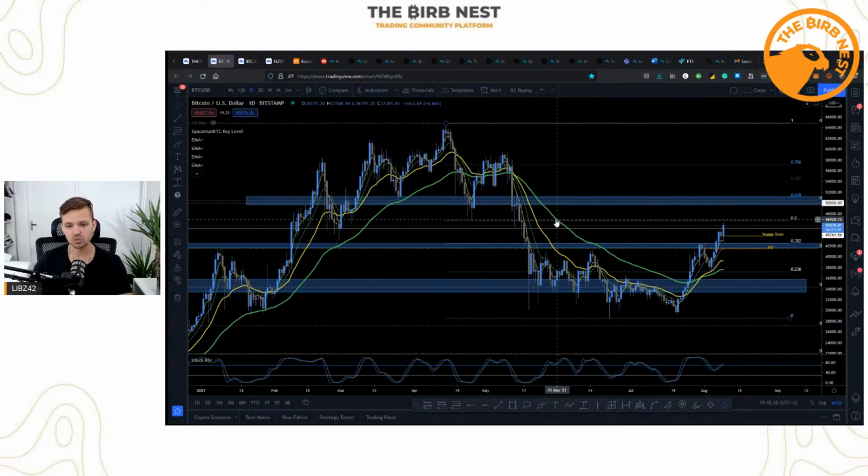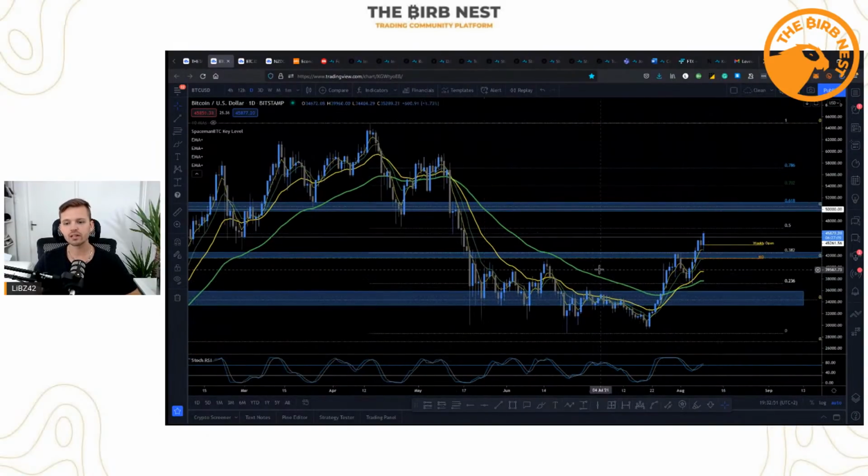So you have the daily 20 and 50 EMA, as well as the 4-hour 20 and 50 EMA, and those are the EMAs that I use in my trading system. I've tried to keep it as minimalized as possible and remove all the noise and only focus on the moving averages that matter to me, and those are the 20 and the 50 EMA.